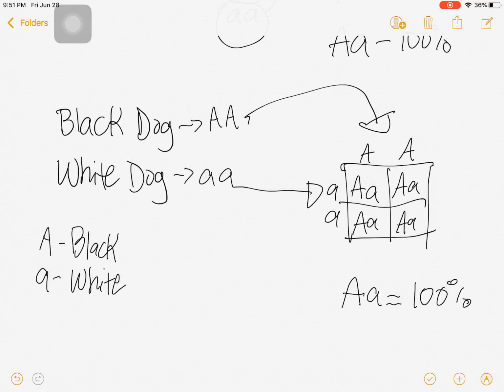Since this gene pair has one dominant, the capital A, and one recessive, the lowercase a, the dominant gene will always outshine the recessive, which means that their dog will come out looking black. So with a black dog and a white dog, there's a 100% chance that their puppy will be black.